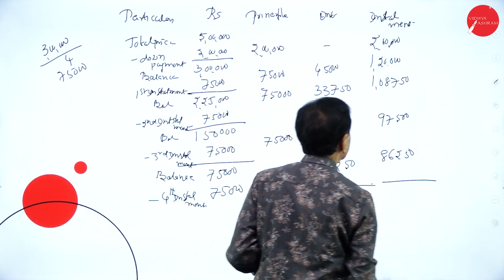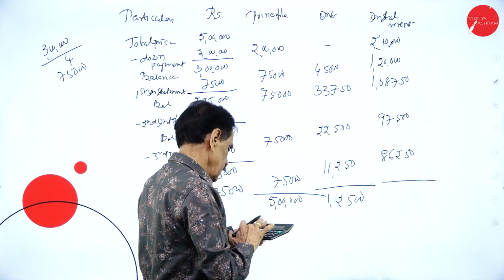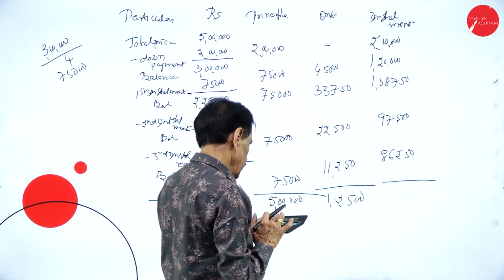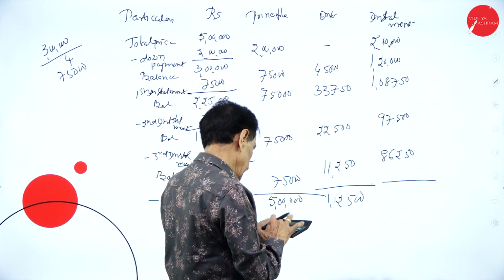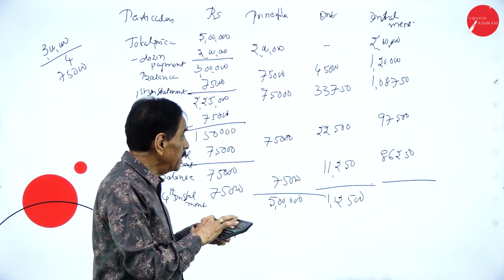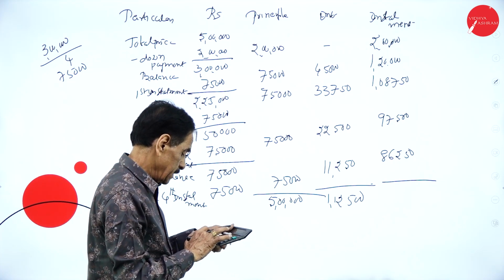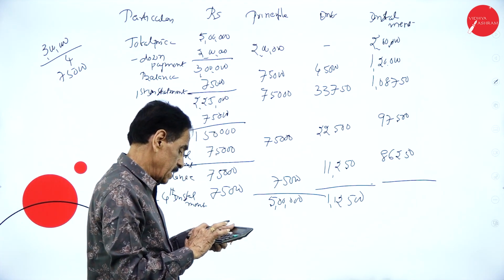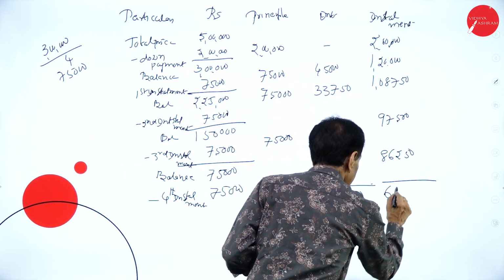Add the installments: 2 lakh plus 1,20,000 plus 1,08,750 plus 97,500 plus 86,250, 6,12,500.